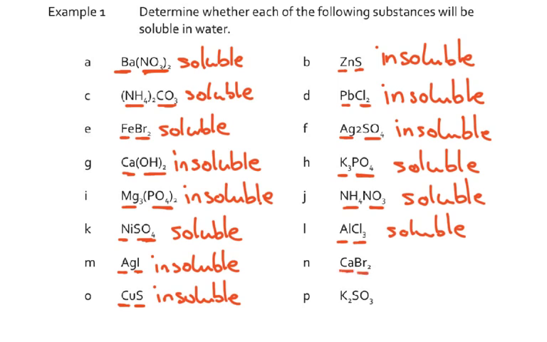Bromide, match with calcium, soluble. And P, keep in mind here, this is K2SO3. SO3 is not sulfate near the middle of the table. SO3 is sulfite at the bottom of the table. Match it up with potassium, and that is also soluble.